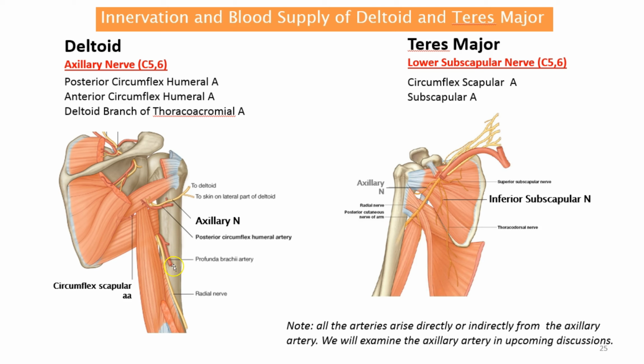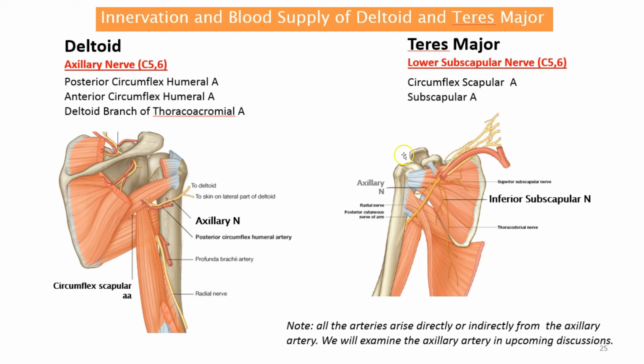I'm only going to glance over the blood supply. We have this large deltoid muscle in the region. We can see the posterior circumflex humeral artery coming out of this space called the quadrangular space. Now this artery certainly could contribute to the blood supply in the region. We have an anterior circumflex humeral artery as well on the other side that we can't see right now. It would be wrapping right along this area.